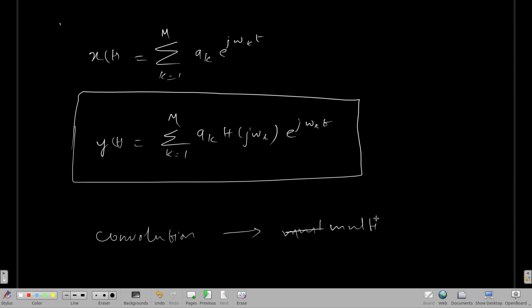Convolution is a sort of difficult operation to do, and once we get this in this form, and you will see it later when we deal with the different transforms, this allows us to convert our convolution operation into a multiplication in the frequency domain, which makes our life much easier.